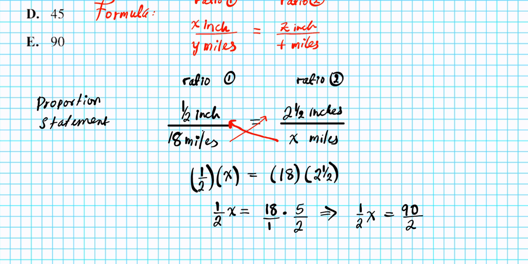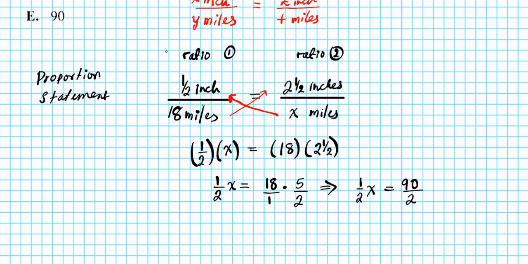All right. Now to finish this off, you simply multiply both sides by 2. And what do we have? The 2's divide out. You have x equals, on the right side, 2 divides out, 90 miles. So this is how to do it, showing all your steps. Answer is option letter E.